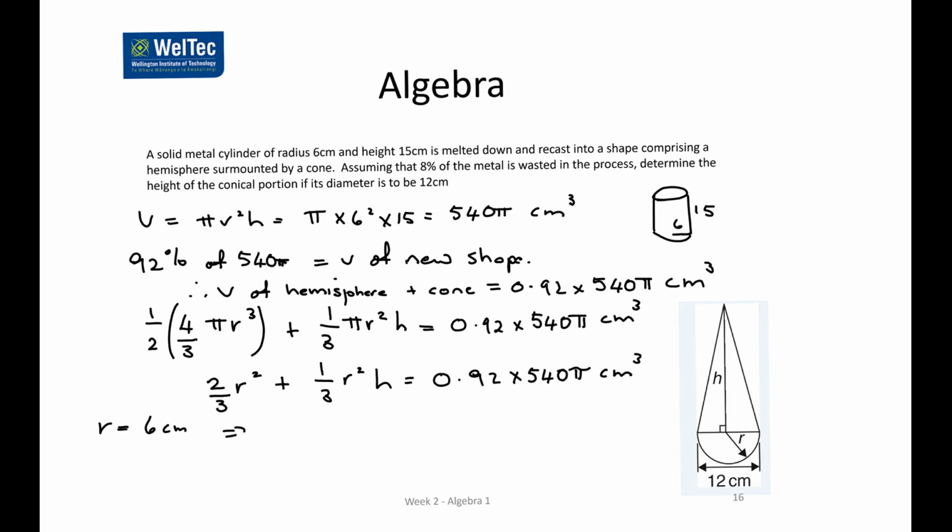So we now know that 2 over 3 times 6 cubed plus 1 over 3 times 6 squared times h is going to be, I'd prefer just to still leave it as 0.92, but let's just write it down so we can see what it actually is. 2 over 3 times 6, nope, that should have been a cubed. 2 over 3 times 6 cubed would be 144, plus 1/3 of 6 squared would be 12.